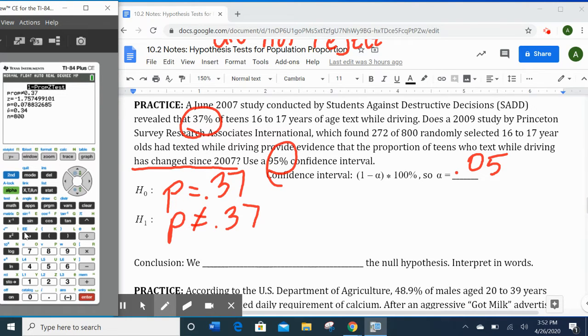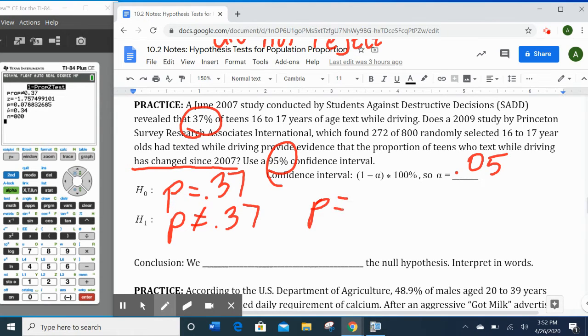You'll arrive at the same conclusion. In this case, P is 0.0788. So I'm comparing that to 0.05. So 7.8% compared to 5% is greater than, so I do not reject.